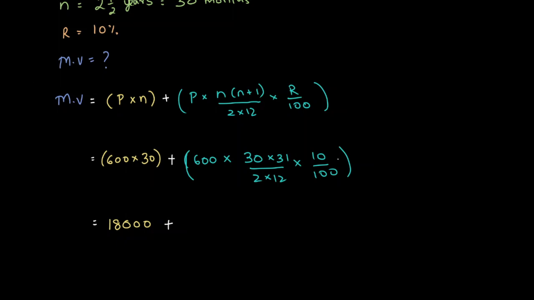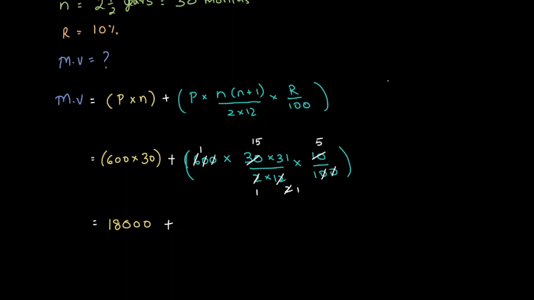We've got the zeros of 600 which can be cancelled with the zeros of 100. 6 ones are 6, 2 6s are 12, that's dealt with. 2 ones are 2, 15 is left. So all I'm left with is 15 into 31 into 5.